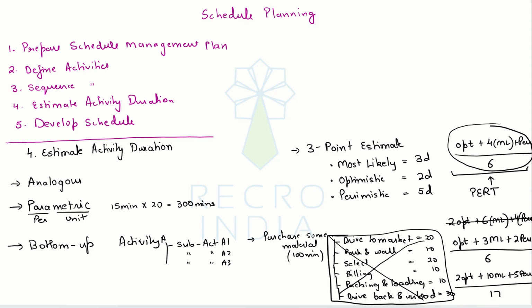Then I do bottom up estimation, which I generally tell before the start of every session, that this topic will take maybe 10 minutes, this topic will take 20 minutes, this topic will take 30 minutes, this topic will take 15 minutes. So all in all, in next 1.5 hours, these are the topics that we should be able to complete. So that's my bottom up estimation.